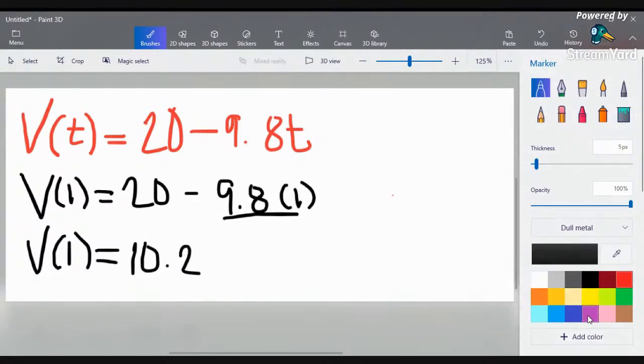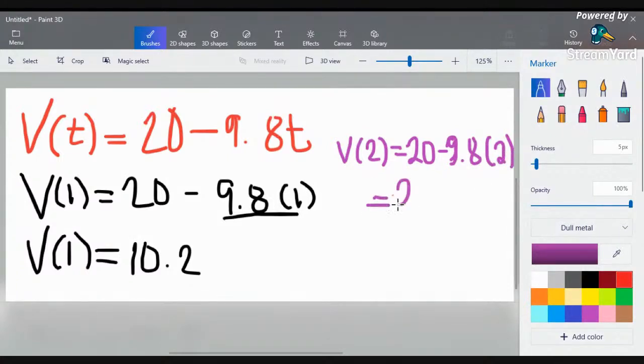Okay, let's try to solve for v of 2. That's for 2 seconds. So we have 20 minus 9.8 times 2 seconds. So that is 20 minus 19.6.